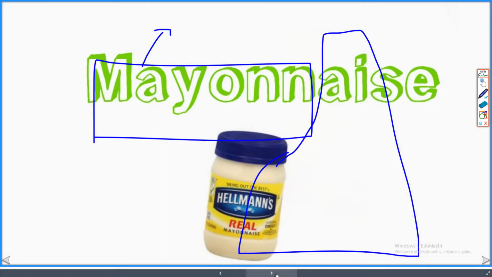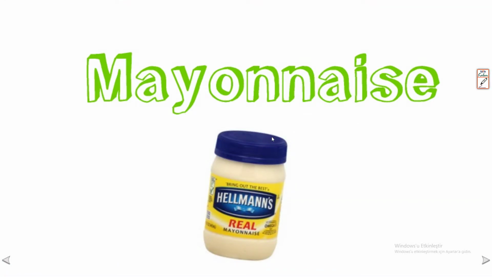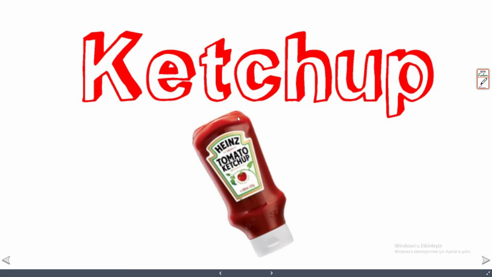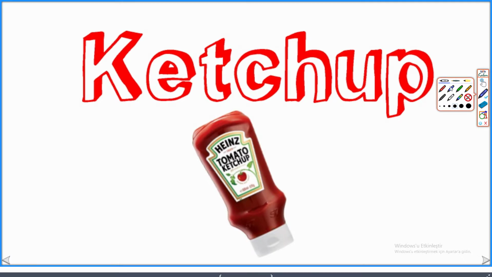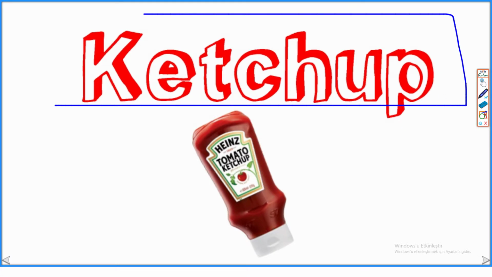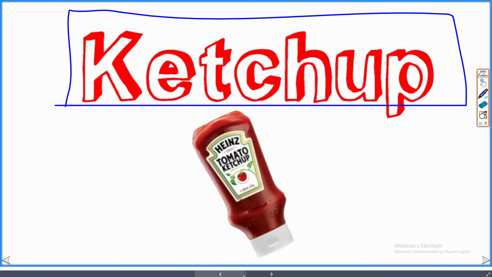And we are going on with mayonnaise, which is uncountable as well. And we have ketchup. Ketchup is uncountable as well.